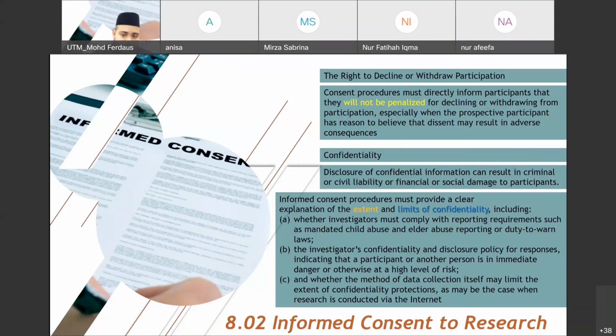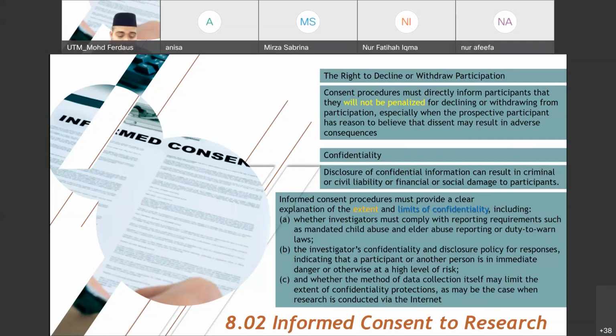In informed consent procedures, we must provide a clear explanation of the extent and limits of confidentiality, including, first, whether investigators, ourselves as the researchers, must comply with reporting requirements such as mandated child abuse and elder abuse reporting or duty to warn laws. We need to inform them.